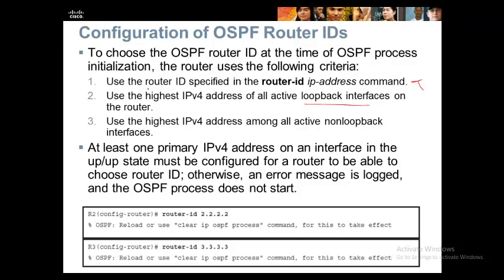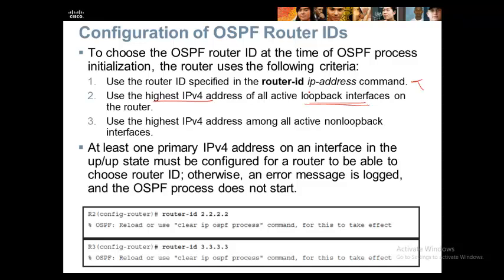First preference is for the manual configuration. Second preference is for the loopback interface. If you have many loopback interfaces, the highest IPv4 address is what it is going to take.